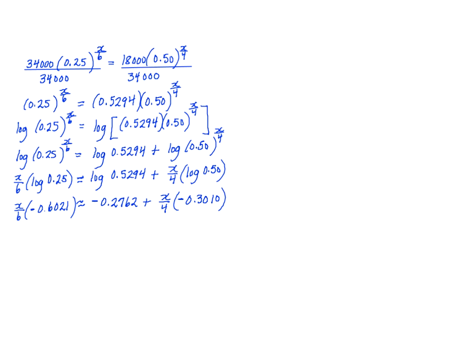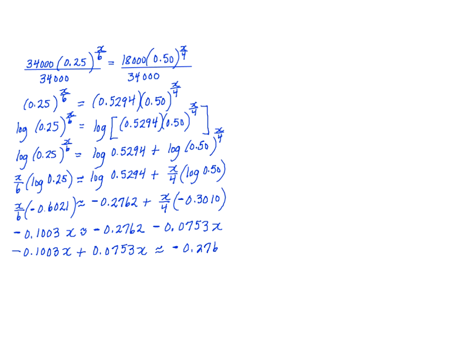So then the left-hand side simplifies to be a negative decimal 1003 in front of x to approximately equal negative decimal 2762, and x over 4 times a negative decimal 3010 is a negative decimal 0753 in front of x. Bringing our like terms together, we have negative decimal 1003x plus decimal 0753x will approximately equal a negative decimal 2762.